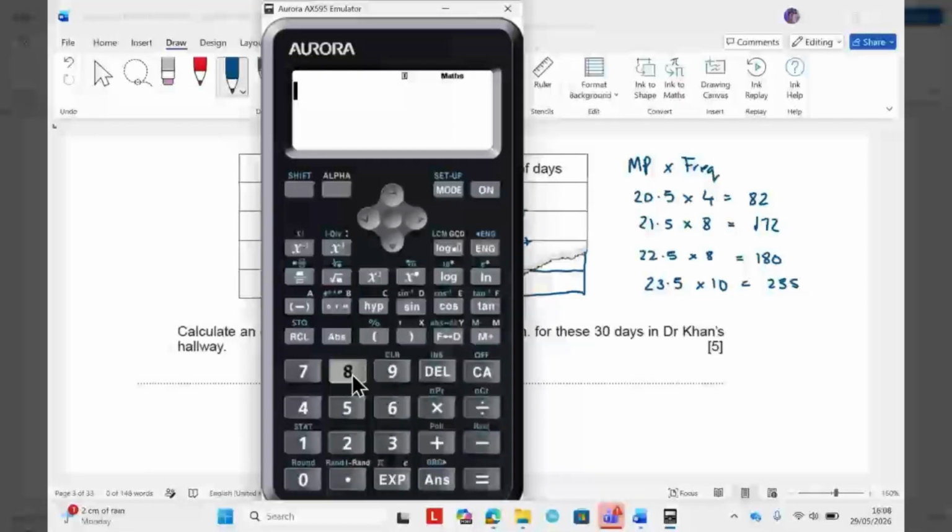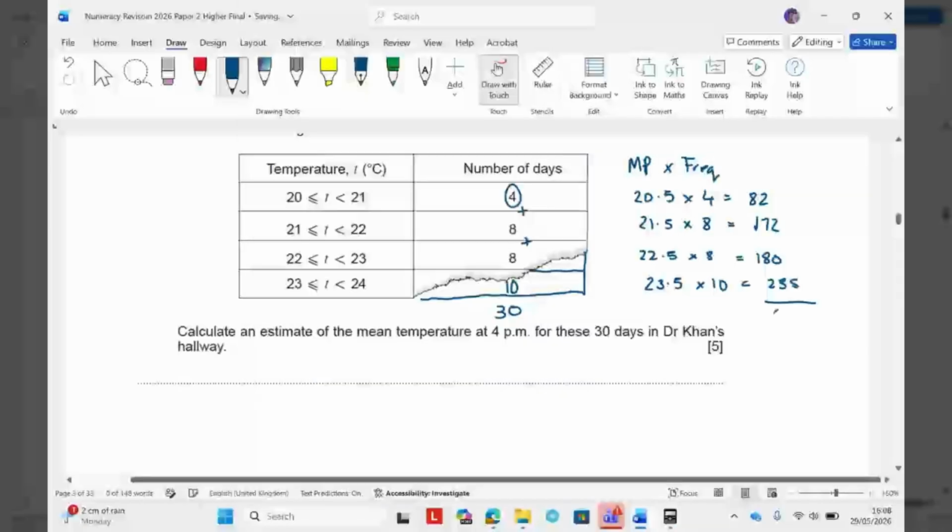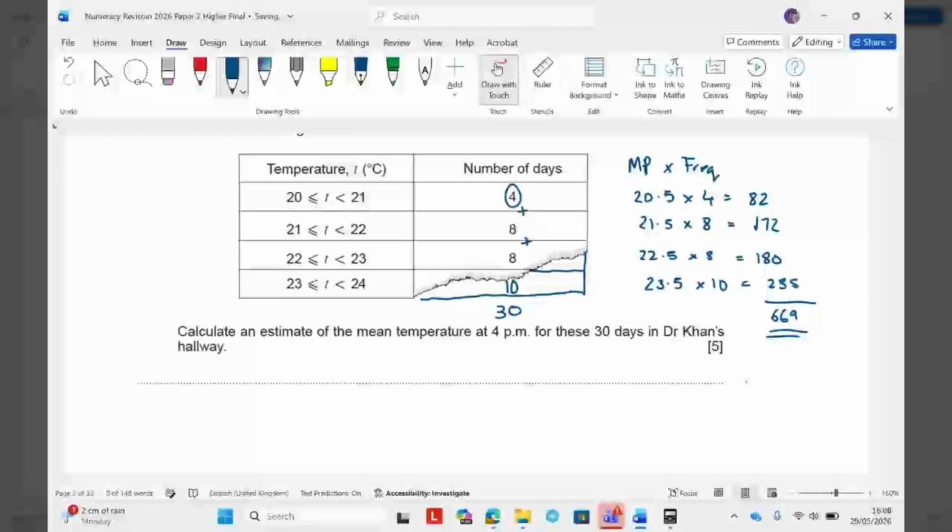So 82, add 172, and this is boring just watching me hit a calculator, isn't it? Add 235 equals 669. Don't make the mistake then of dividing that by 4 because you've added up 4 numbers. Divide it by the total days, the total people, the total dogs, the total whatever it is.